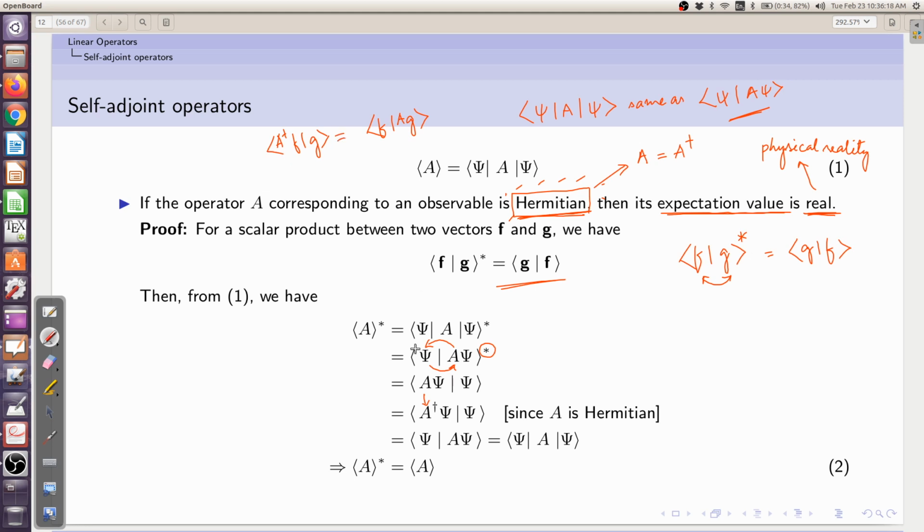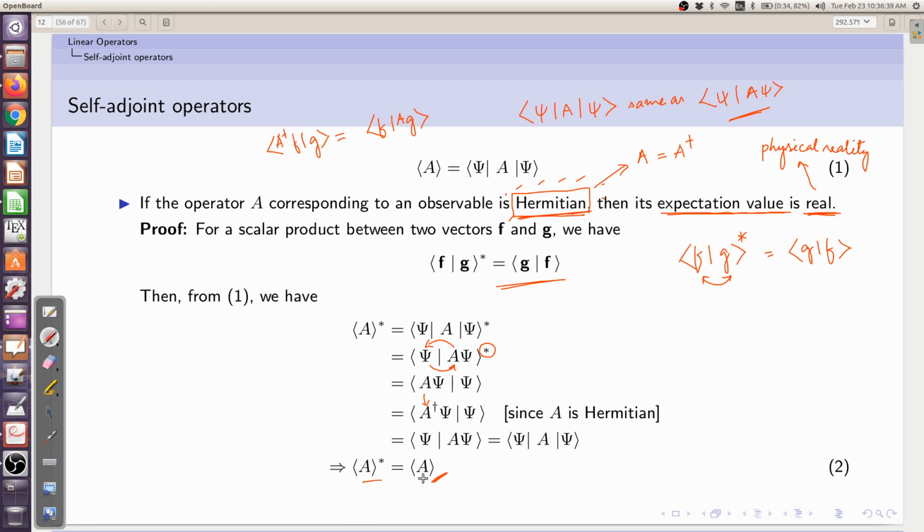These two will be exactly the same. So that's what we have done over here. Here the dagger is operating on the left member, so we might as well get A onto the right member, and lo and behold, this is nothing but your expectation value, because this is just a fancy way of writing it. I just put another bar over here. So this is nothing but the expectation value of A itself.